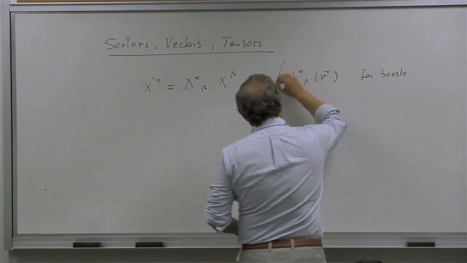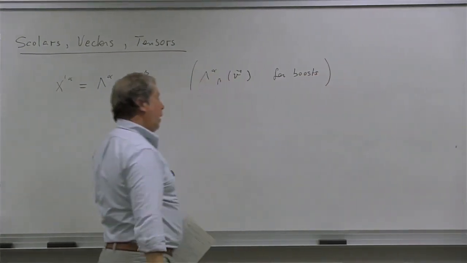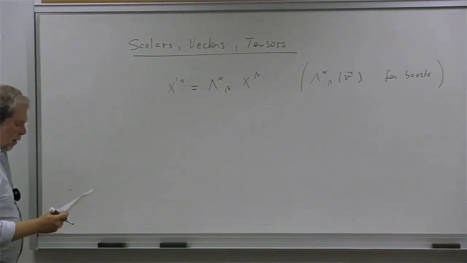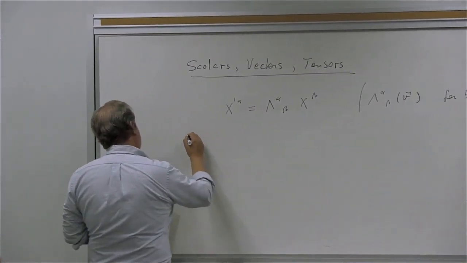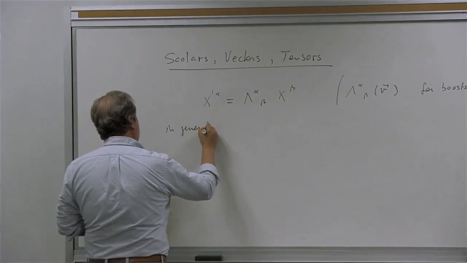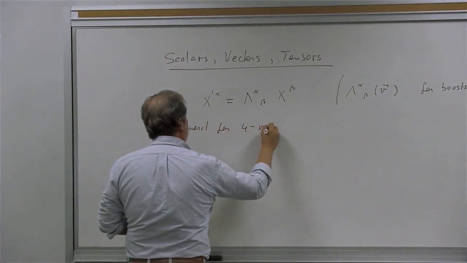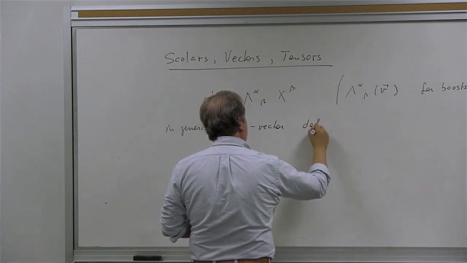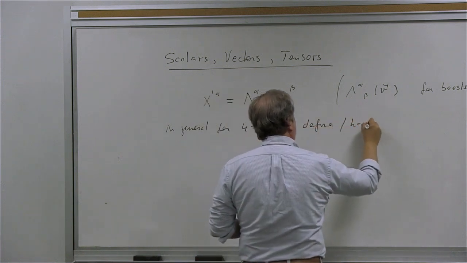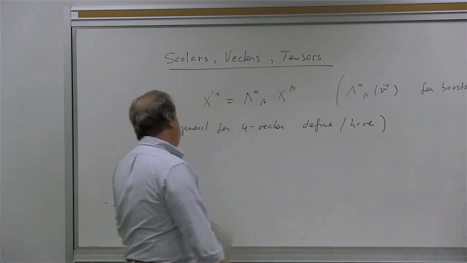And if it's not a boost, then it would contain a rotation as well. And so that's the fundamental law for the coordinate. And so in general, for a 4 vector, we define or have a similar transformation law.